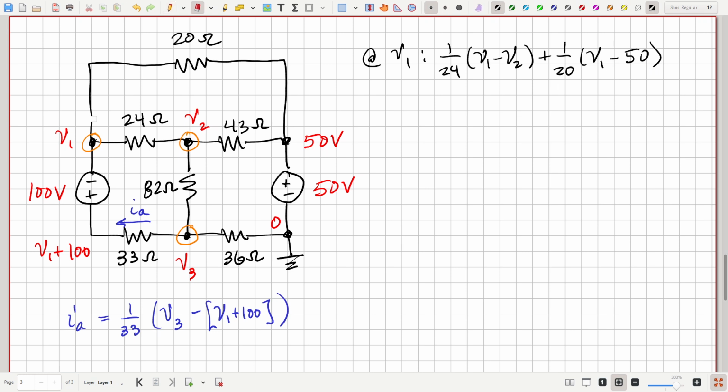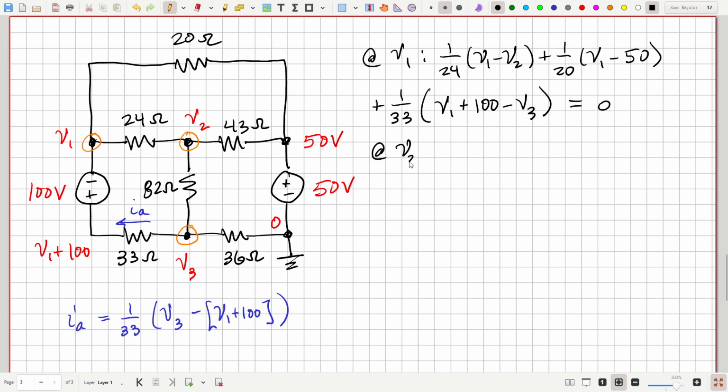Through the 33 ohm resistor, that would just be the negative of this. So it'd be plus 1 over 33 times V1 plus 100 minus V3. And that would be the three components of the currents flowing out of that node, so that'd be equal to 0.